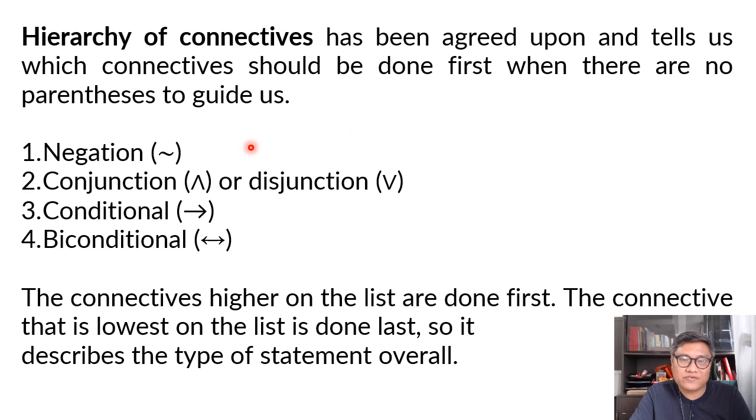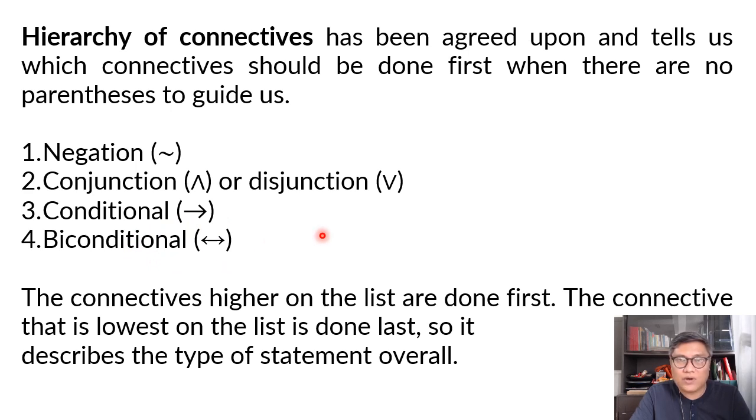So of course, the first in terms of priority to simplify is the negation. Then the second highest connectives that we simplify first will be either your conjunction, which is your and, or the disjunction, which is your or, then followed by the conditional, and the last is your biconditional.